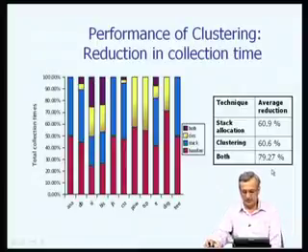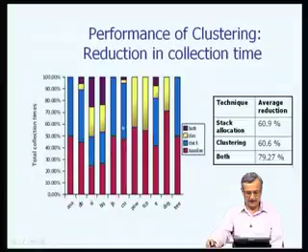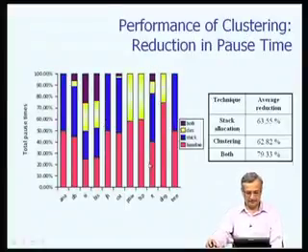So, it is best if we use both the techniques of stack allocation and clustering in order to reduce the collection time. Pause time again reduces considerably. Stack allocation itself reduces it by 63%, clustering reduces it by 62%, and both of them together reduce it by about 79% on the average.